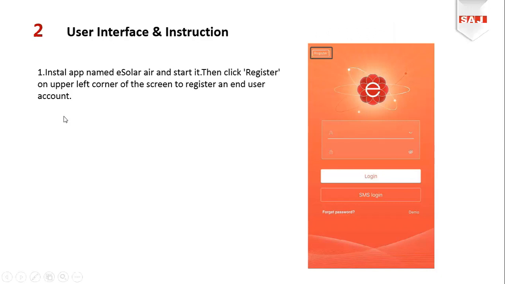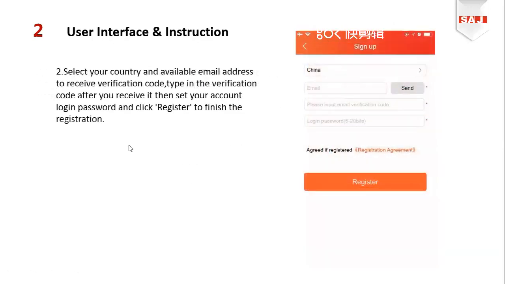Also here, if you don't have the end user account, you can click register to create the end user account yourself. Here it requests you to type in the country you are currently in and an available email address which can be used as the login account name.